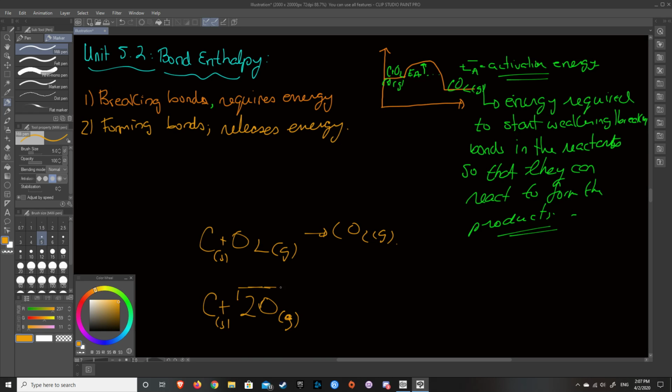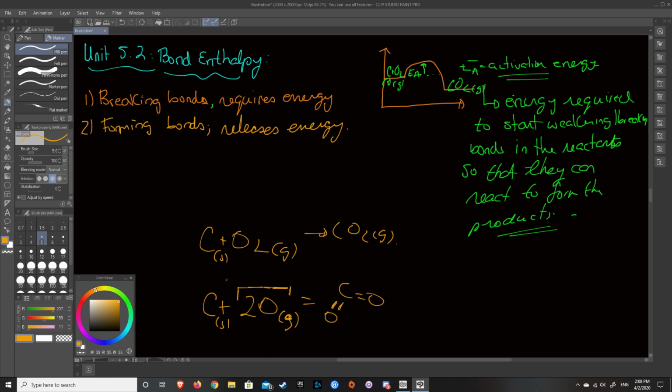And atoms by themselves are very reactive. They like having that complete orbital, that noble gas structure in most cases. In this case, oxygen doesn't have a noble gas structure, so it's reactive. Now it can react with carbon to form that carbon-oxygen double bond.